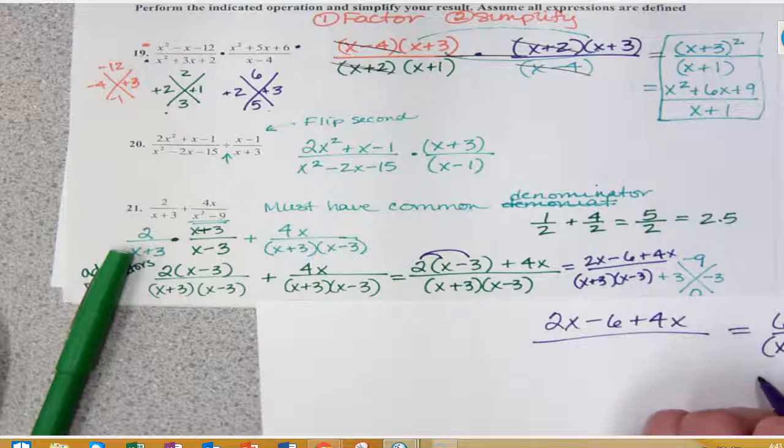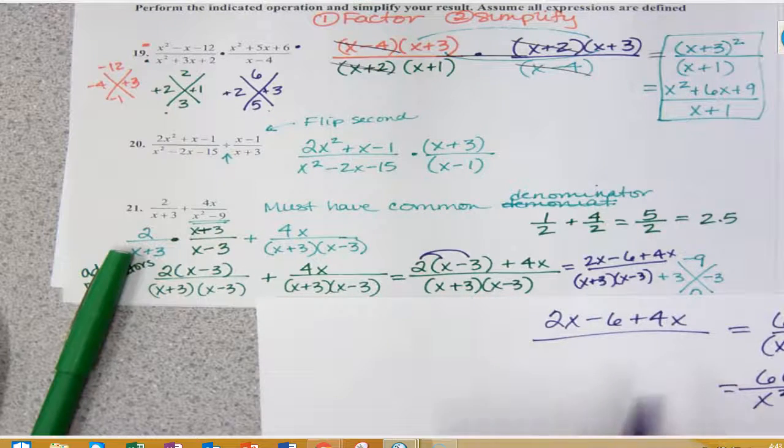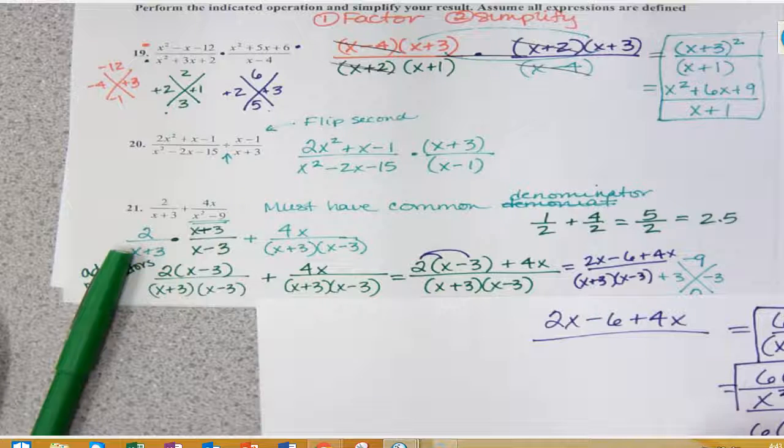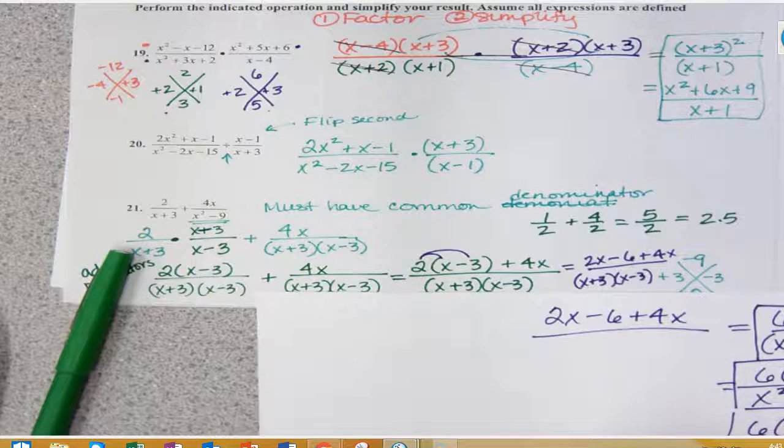If you want to factor out that 6 and say 6 times x minus 1 over x squared minus 9, that's another perfectly fine answer. Or 6 times x minus 1 over x plus 3, x minus 3. That is a perfectly good answer.